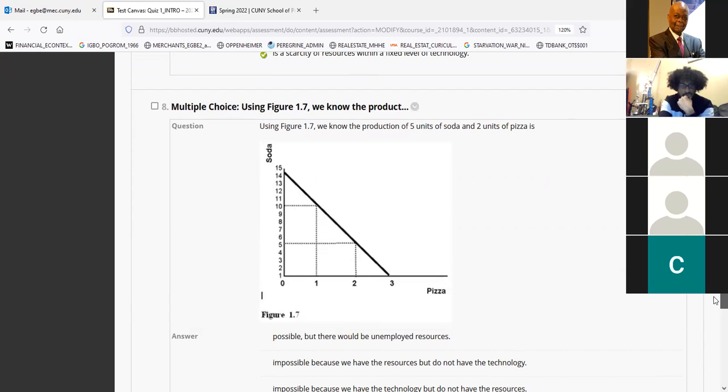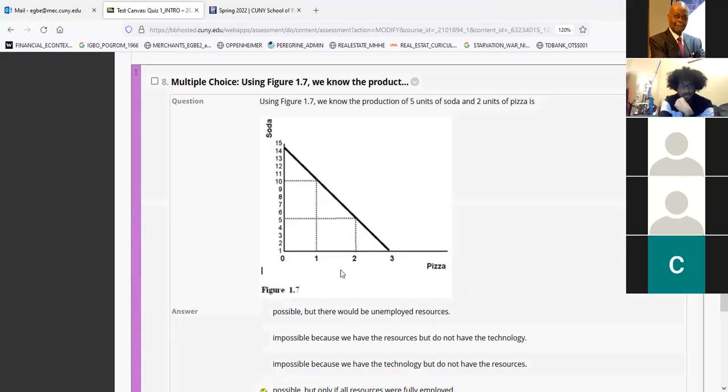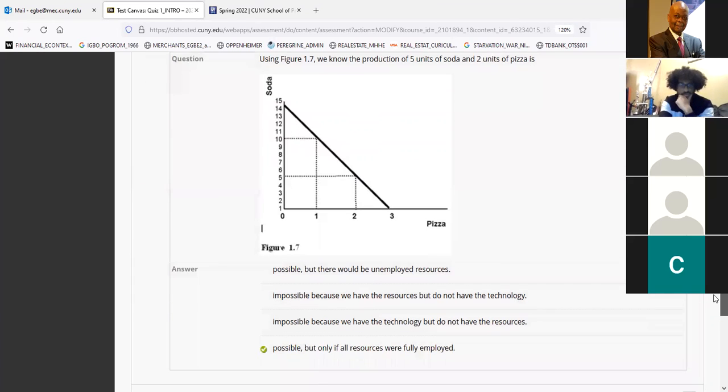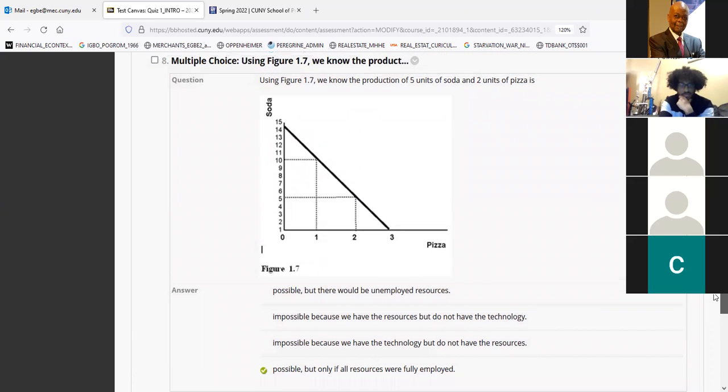So now we know the production of 5 units of soda and 2 units of pizza is possible. Okay. Now, this is like that production possibility frontier. Is that correct? Right?